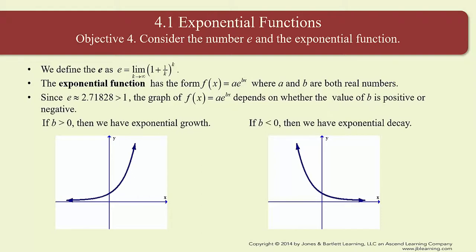For the exponential function f of x equals a e to the bx, b is the exponent. If b is positive, you have exponential growth. If b is negative, you have exponential decay. So just kind of file that away. It's something you might remember from college algebra, but it's going to be very beneficial going forward.